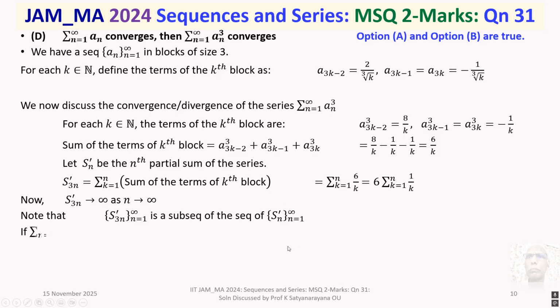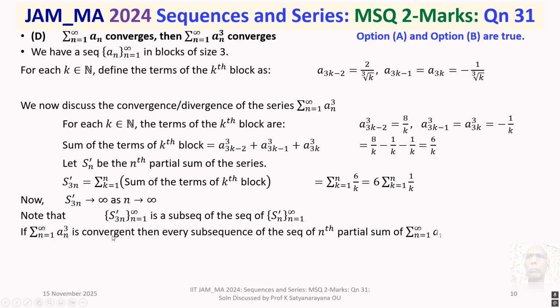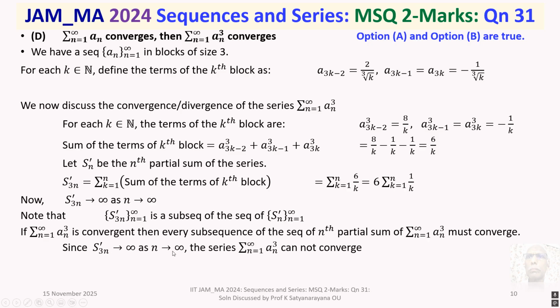If you say that the given series sigma a_n cubed is convergent, then every subsequence of the partial sums must converge. But since S_{3n} prime diverges as n tends to infinity, the series sigma a_n cubed cannot converge.